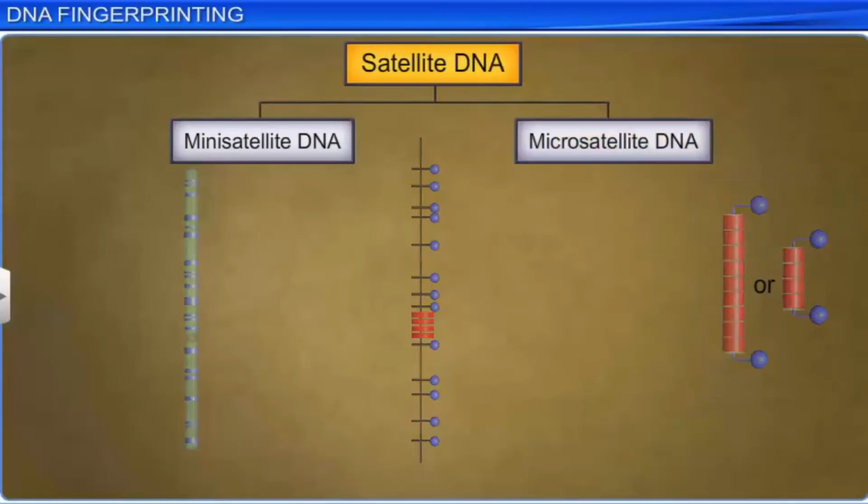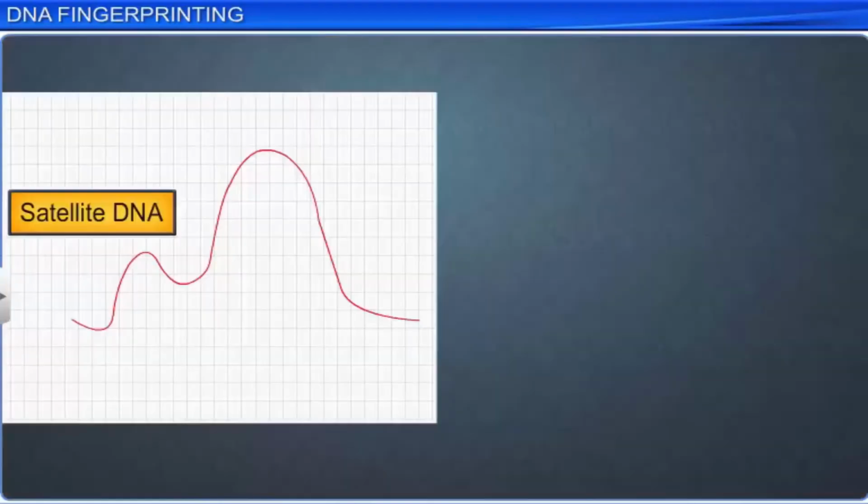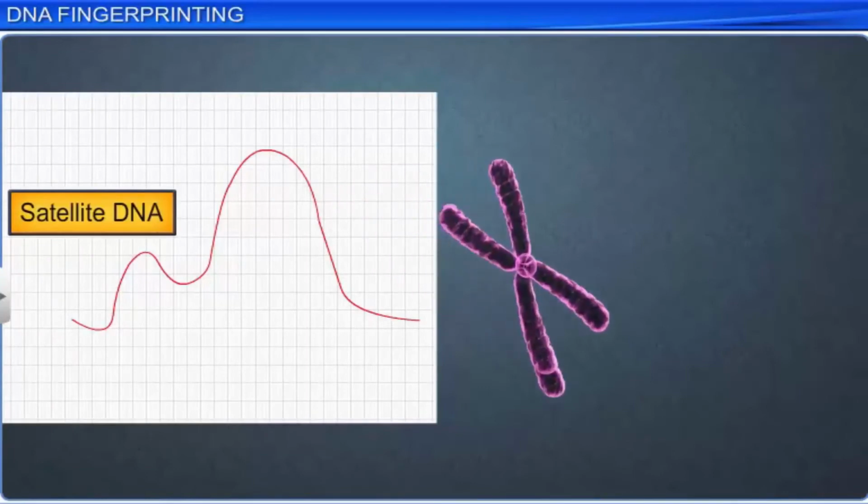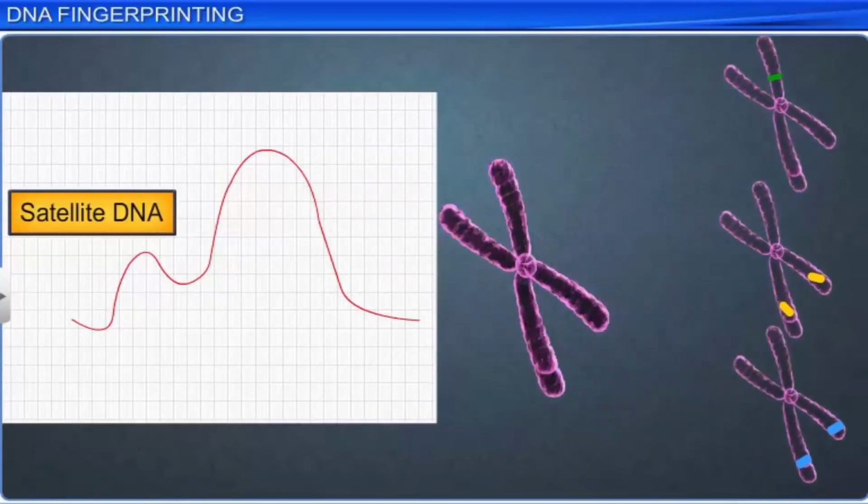Both mini-satellite and microsatellite DNA act as molecular markers in the DNA fingerprinting technique. These satellite DNA do not show any impact on reproducing ability and exhibit a high degree of DNA polymorphism, or genetic variations within a population.